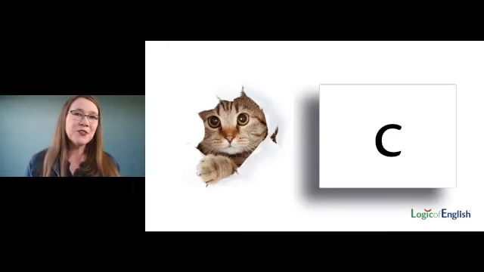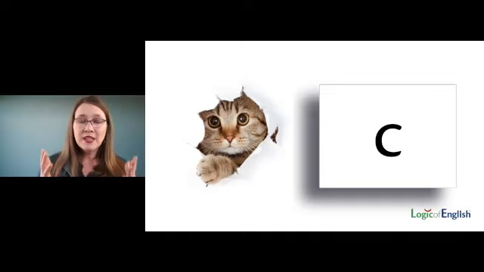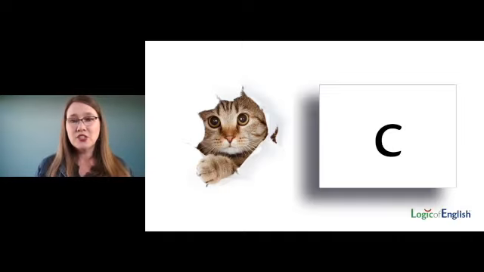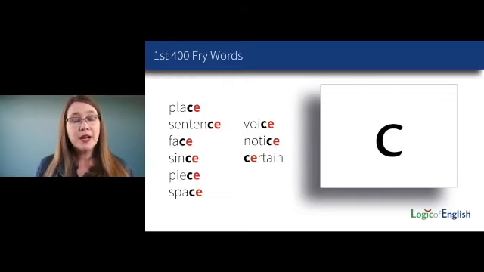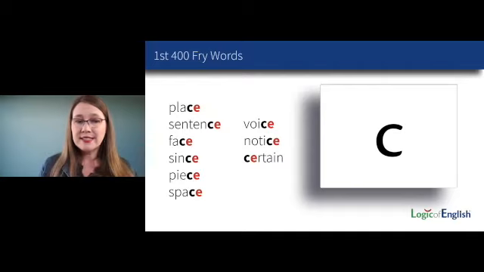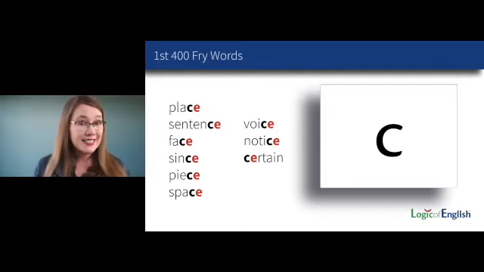All right, let's look at a few of the additional single letter phonograms and their additional sounds. Most of us learned that C says k as in cat. But what does it say in place, sentence, face, since, etc.? It says s. And when is it saying s?